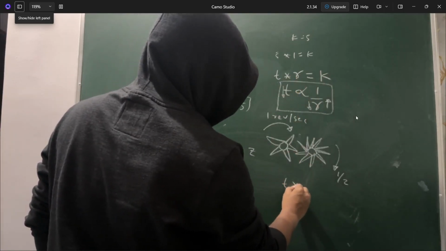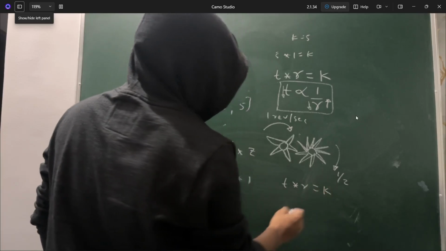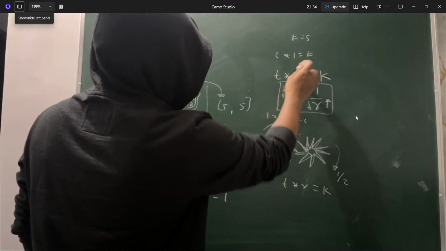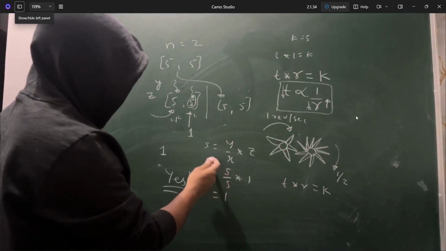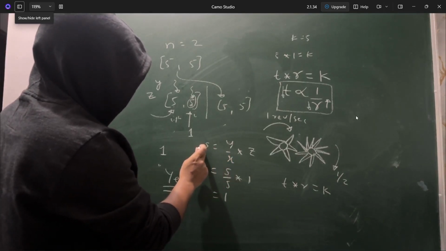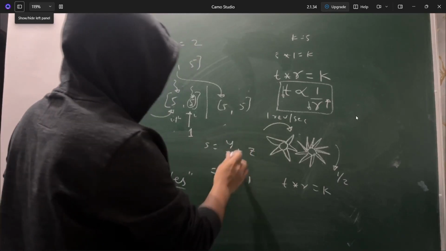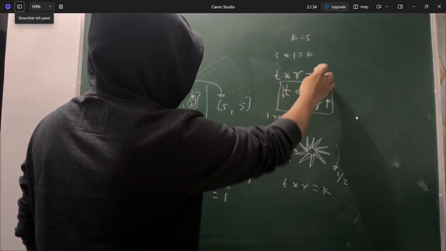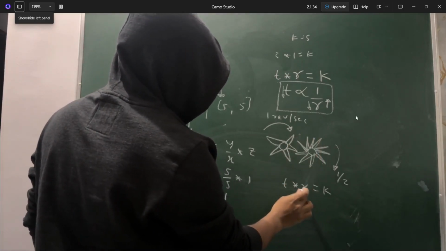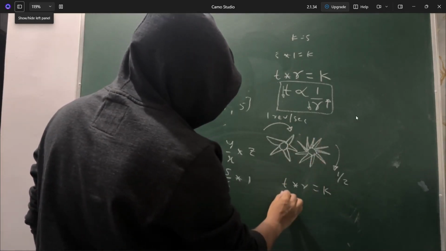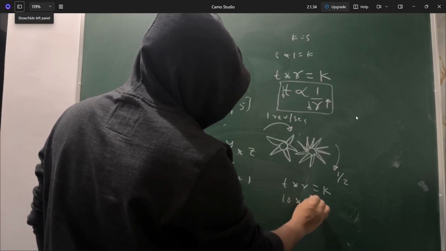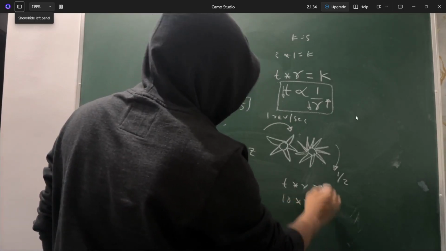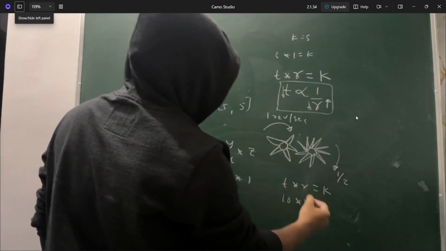And if we try to put it in this formula, in this case again you will be using t into r is equal to k. Since according to the question, s into x is equal to 1 into z, this means t into r is equal to k, which is constant. So this formula I'll be applying for this gear. It has 10 teeth, speed we don't know, which is r, and k is as we calculated for this one, which is 5.